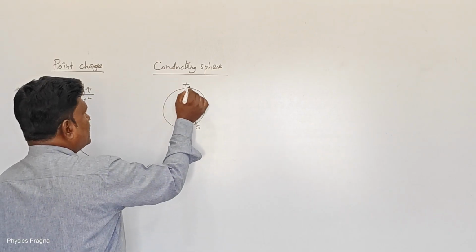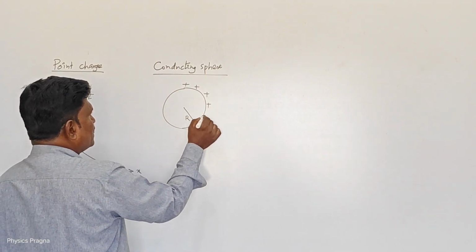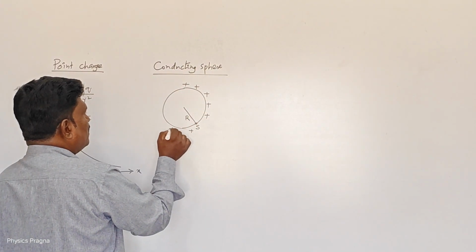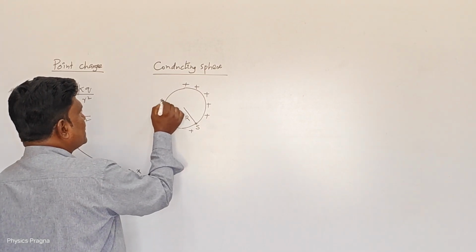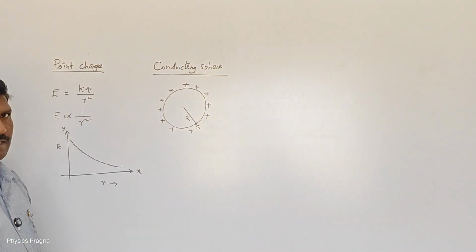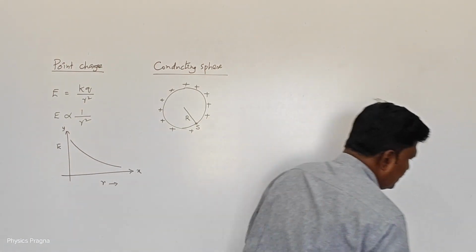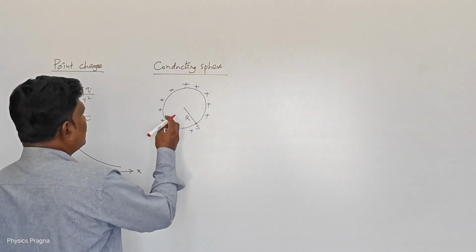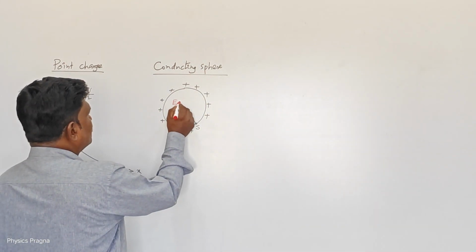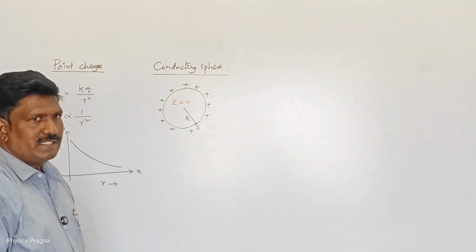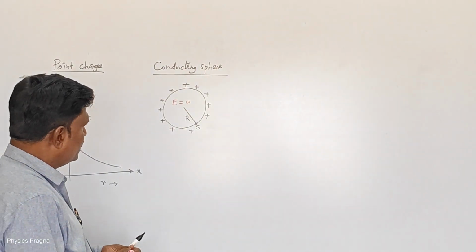If I give charges, because of the repulsion, all the charges always reside on the surface of a conducting sphere. So inside the sphere, the electric field is zero, because there is no presence of charge.